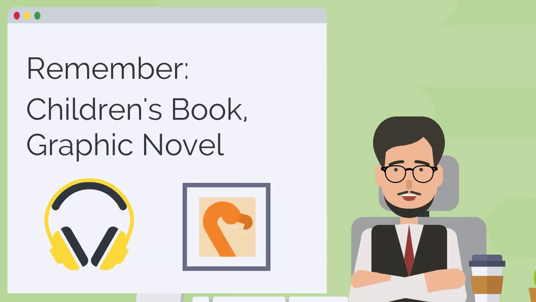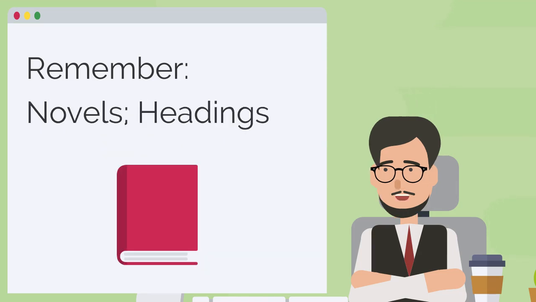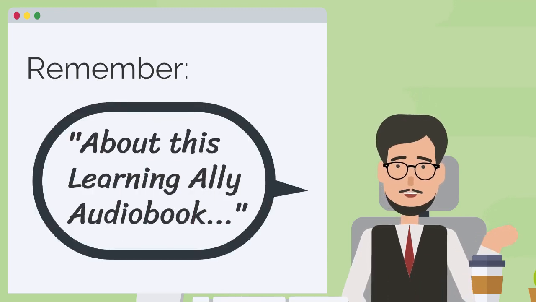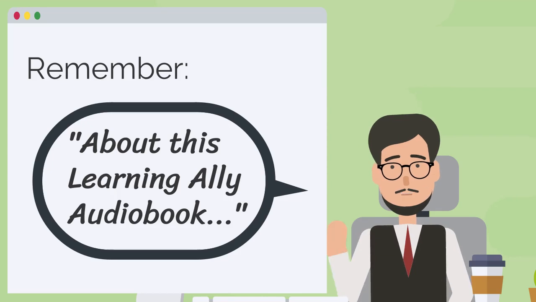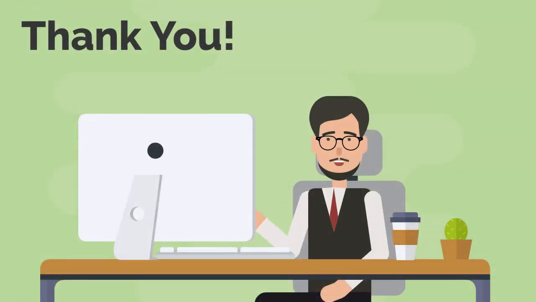Be sure to remember if you're working on a children's book or graphic novel that we listen to these in their entirety, paying close attention to all the images. For longer novels, we listen to the first 2 pages of every heading or chapter, being sure to check each page number along the way. At the end of every single book, we want to be sure the About This Learning Ally audiobook blurb is always announced.